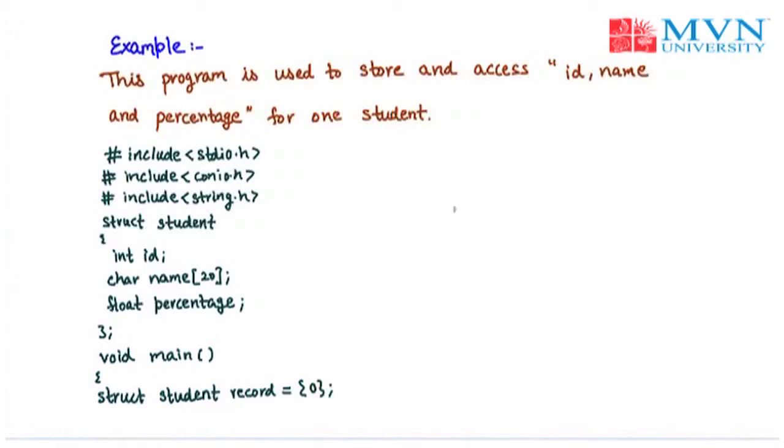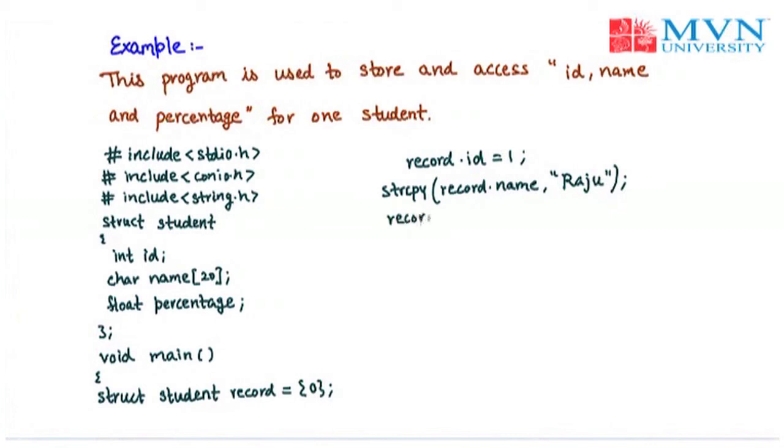To give values to the different structure members, I use the dot operator here. record dot id is equal to 1. I am using the strcpy function, that is the string copy function: strcpy, record dot name, comma, Raju. record dot percentage is 87.5.